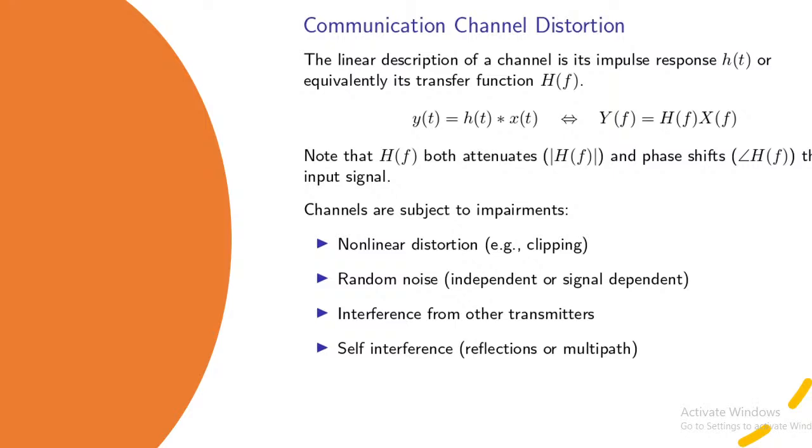These noises are independent of the signals. Signals are dependent, but noise is independent. Then there is interference from other transmitters within the channel. Then self-interference. Self-interference means the same signal can interfere with itself because of reflections, because of multipath. Multipath means you transmit a signal from point A, it has to go to point B.